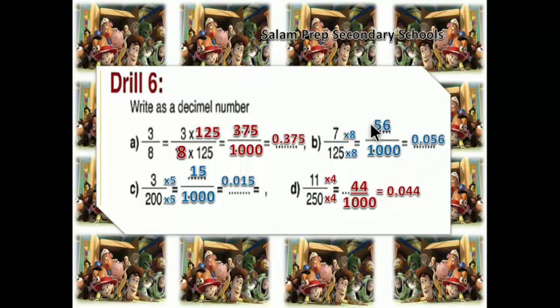Now there is no digit here, so we will put 0 in tenths. Okay? The answer will be 0.056, 56 thousandths.